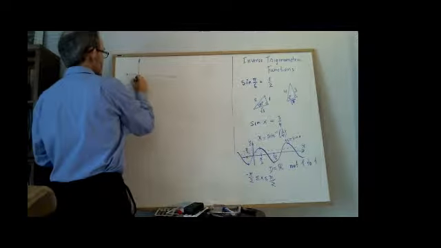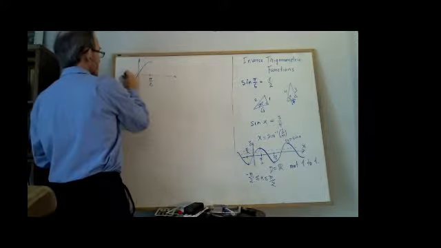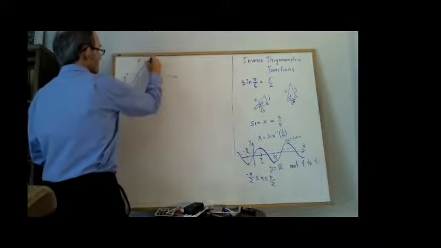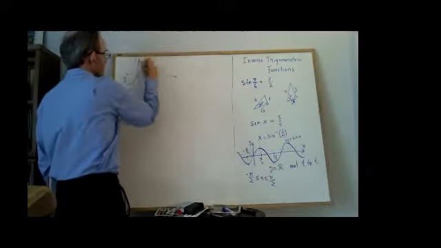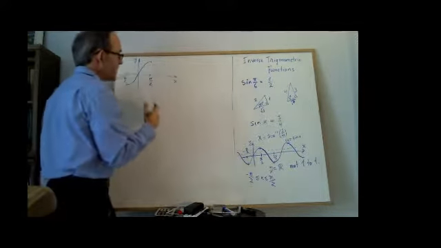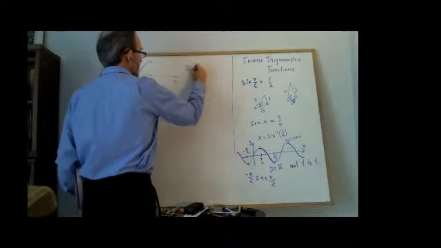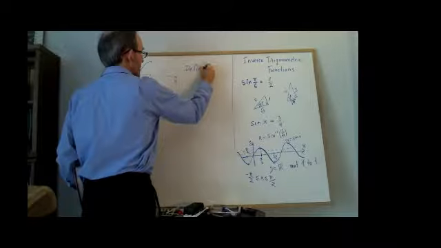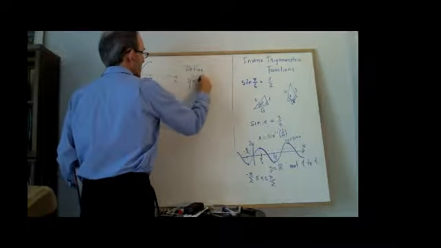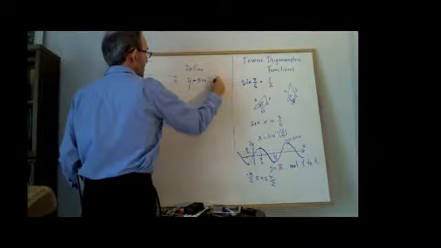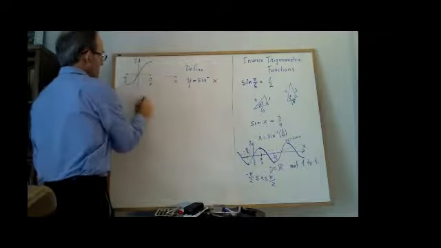It's just this piece of the sine function. Now we simply want to take the inverse of this function. And we'll define the inverse sine then to be the inverse of this part.